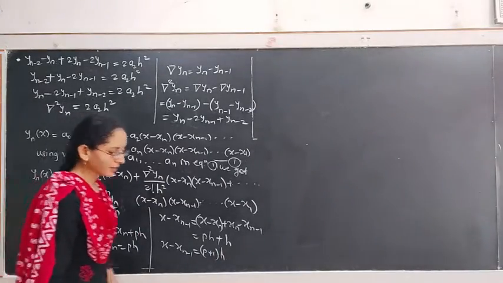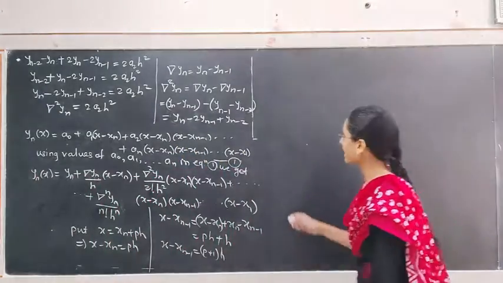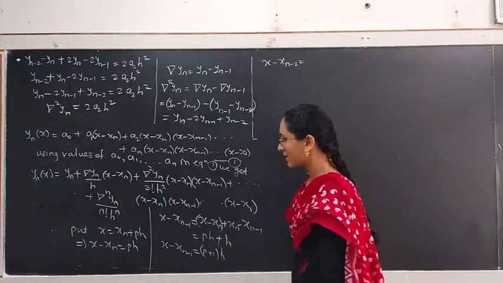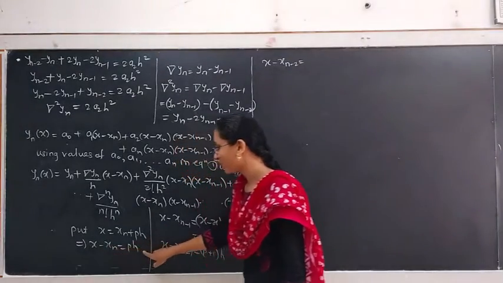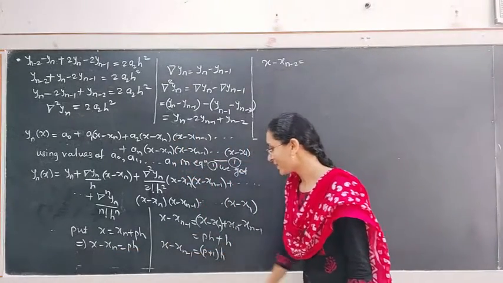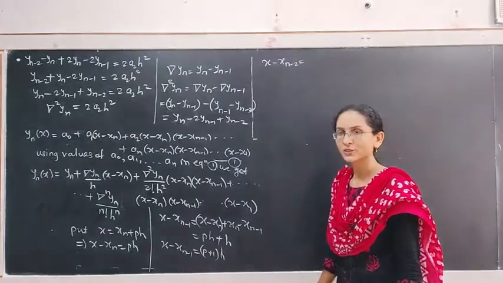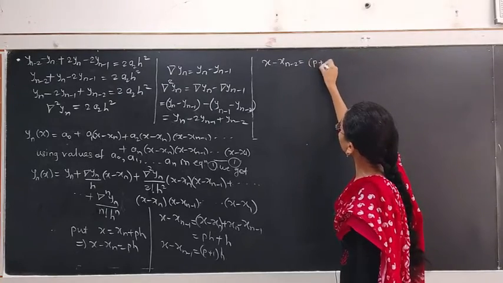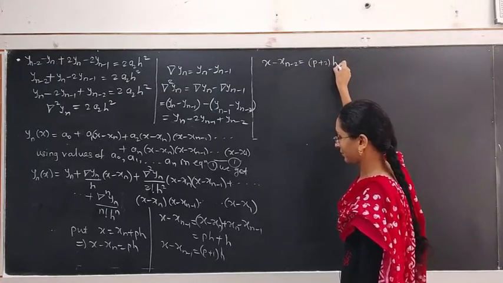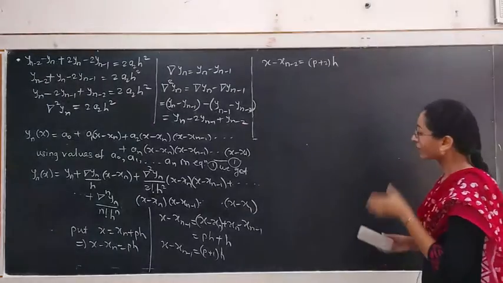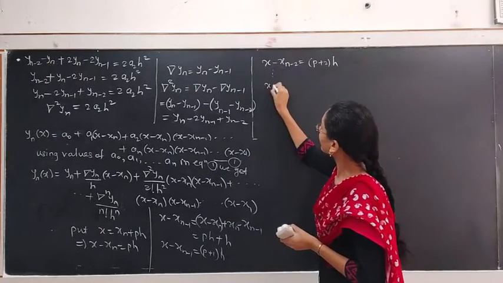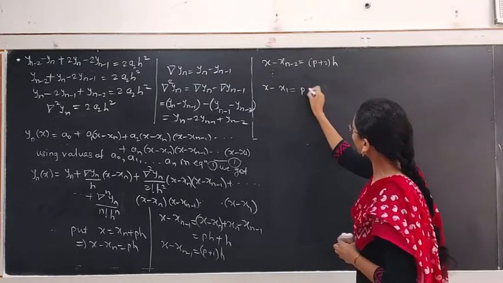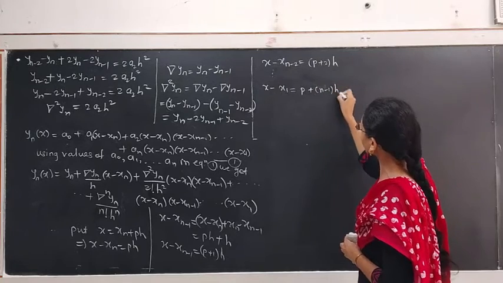Similarly, we get the value of x minus x_{n-2}. Value of x minus x_n is ph. Value of x minus x_{n-1} is p plus 1 into h. Therefore, x minus x_{n-2} will be p plus 2 into h. In general, x minus x_1 is equal to p plus n minus 1 into h.